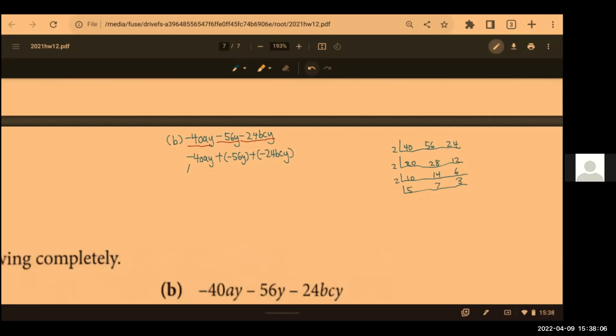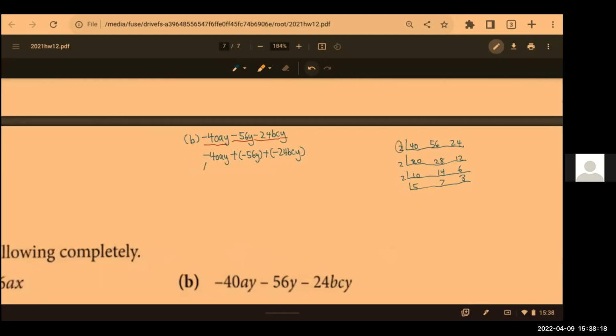How do you read? Where do you get your HCF? Circle them. From where you get your HCF? If you take the 5, my question is, are you going to take the 7? Are you going to take a 3 as well? So where you get your HCF?